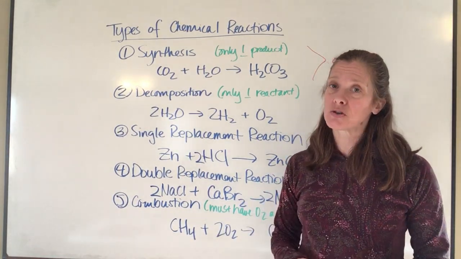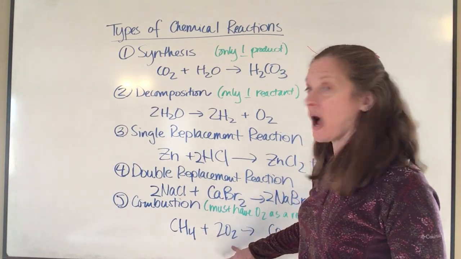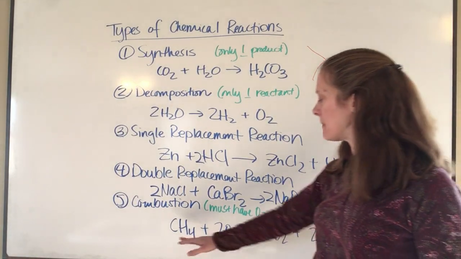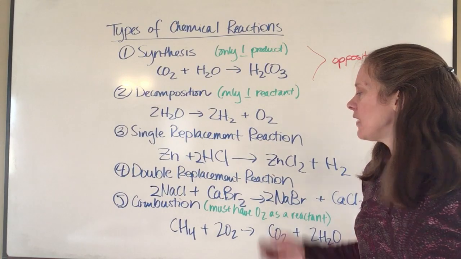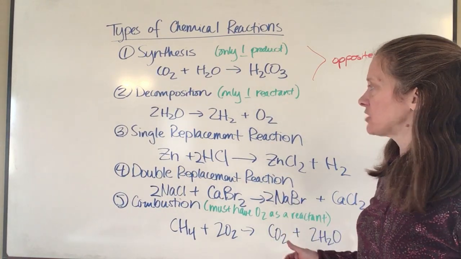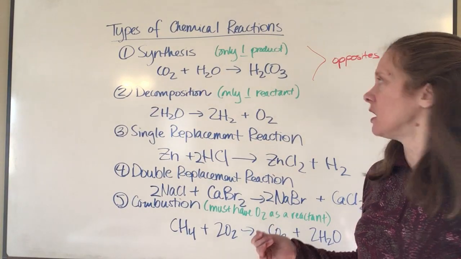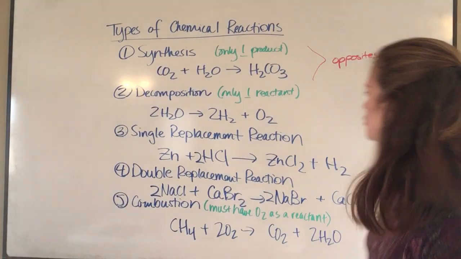Now you can also have something like magnesium reacting with oxygen, and that would be considered a combustion reaction too, if I have a metal reacting with oxygen and forming some sort of metal oxide. And some of those you could even consider to be a synthesis reaction as well. So let me show you an example, because I'm probably going to confuse you otherwise.